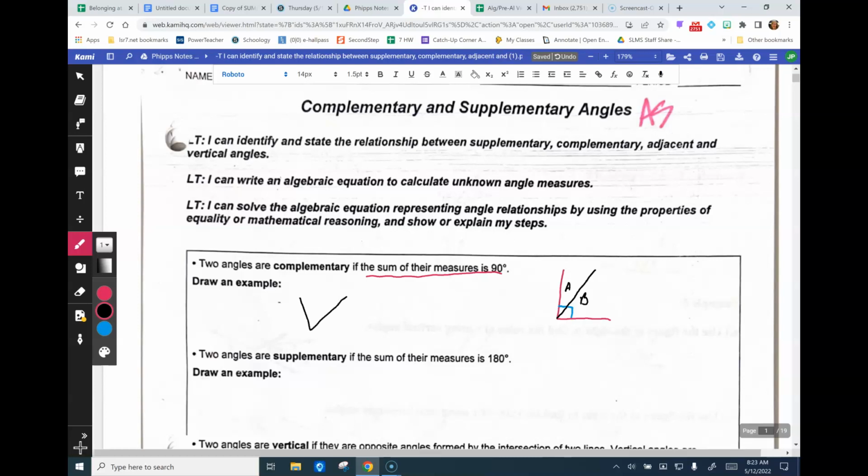We also know that this angle and this angle are also complementary because they add to 90 degrees. So complementary angles can be adjacent, meaning they share a side, or they can just be their own free angles. The only thing that has to be true is that their sum adds up to 90 degrees.